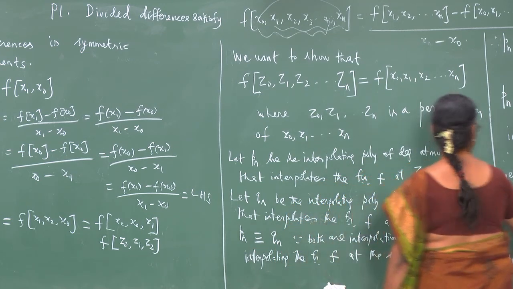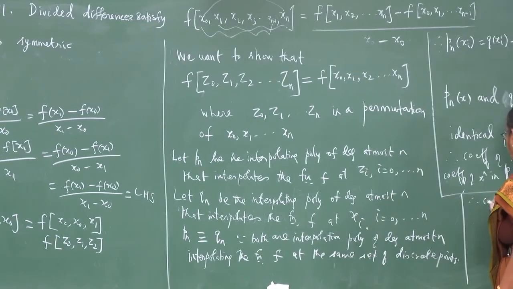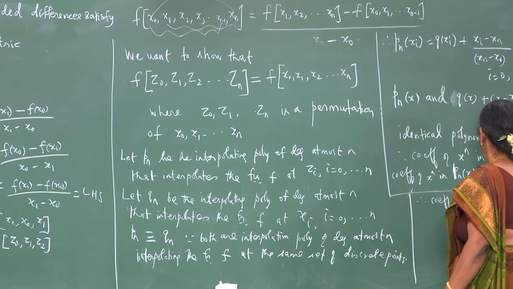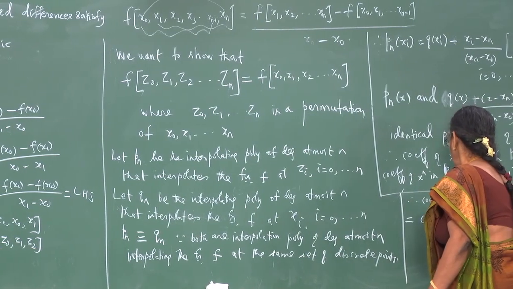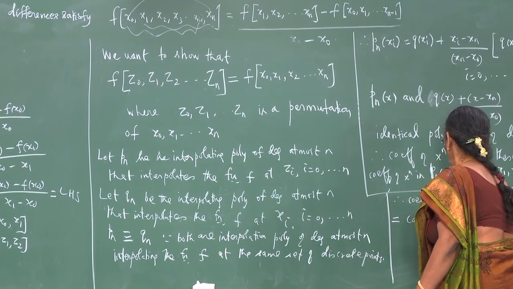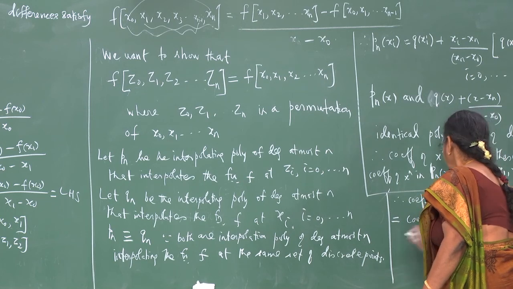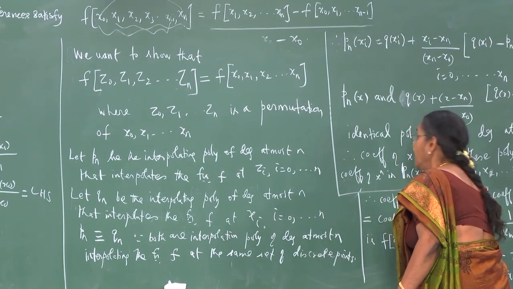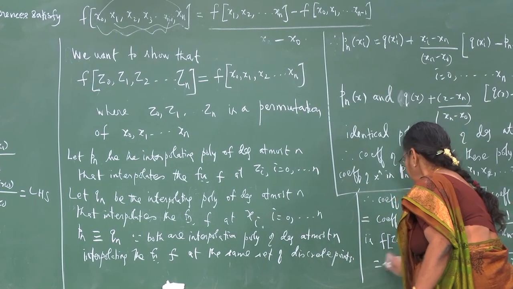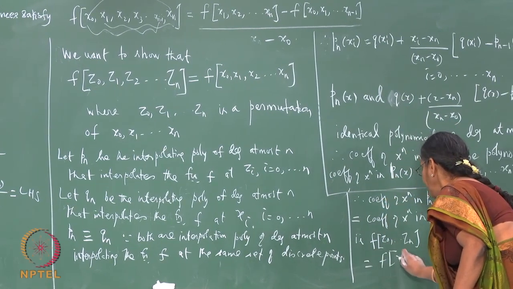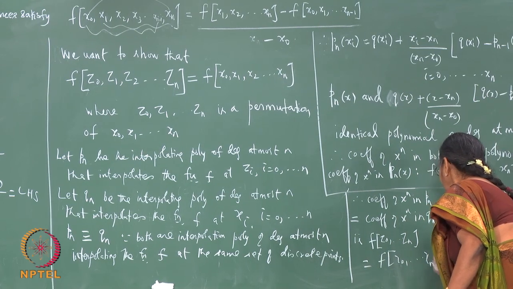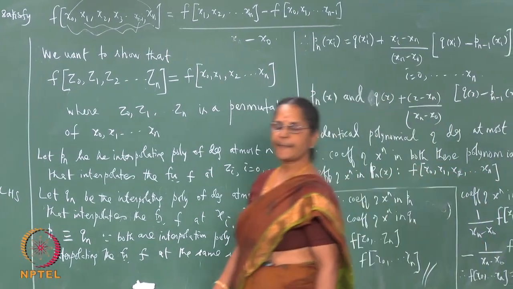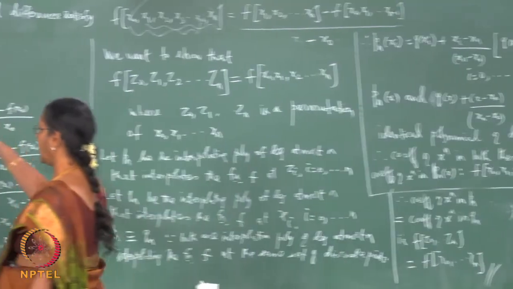So, therefore, coefficient of x to the power of n in Pn must be equal to coefficient of x to the power of n in Qn, that is f of z0, z1, etc., zn must be the same as f of x0, x1, etc., xn, and that proves the second property, that it is symmetric in its argument.